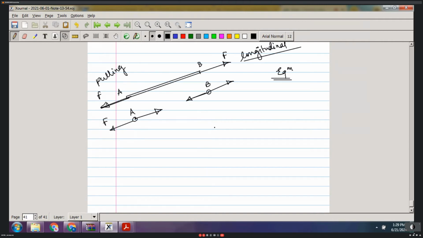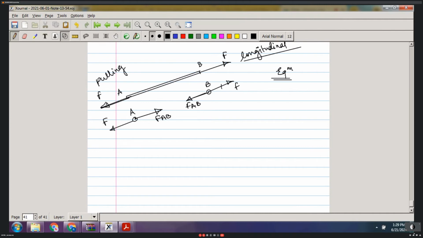This is nothing but your external applied force getting balanced by the internally applied tensile force at joint A. In the same way, the internal resistance force, that is, your opposite directional member force, will be responsible to balance this force F so that joint A as well as B will remain in equilibrium.